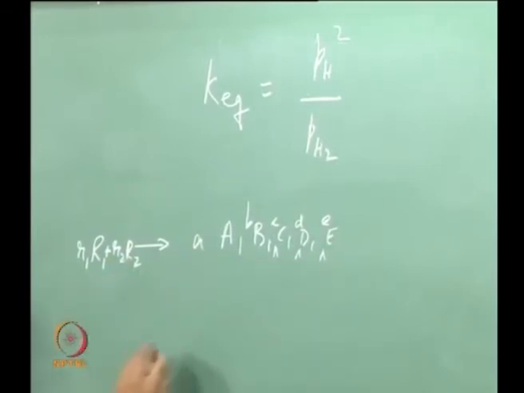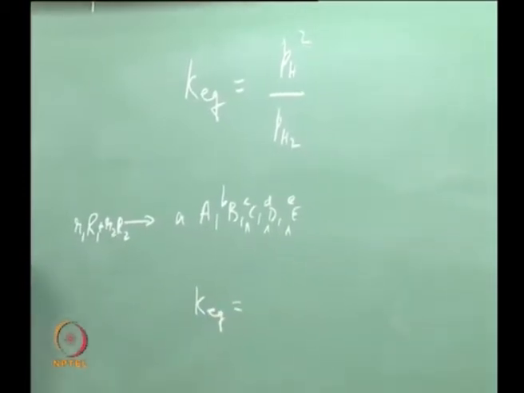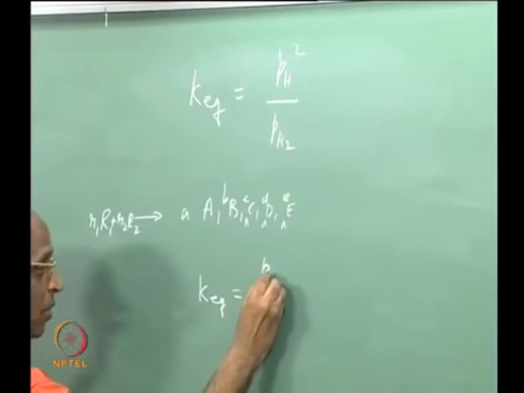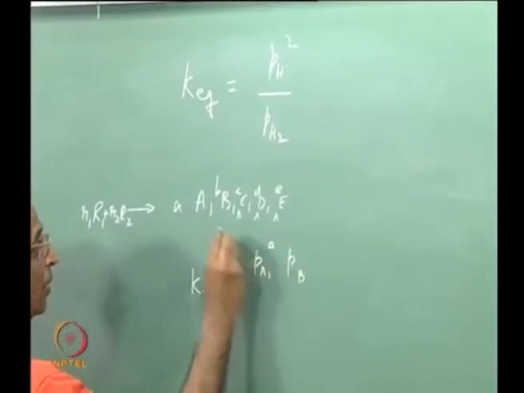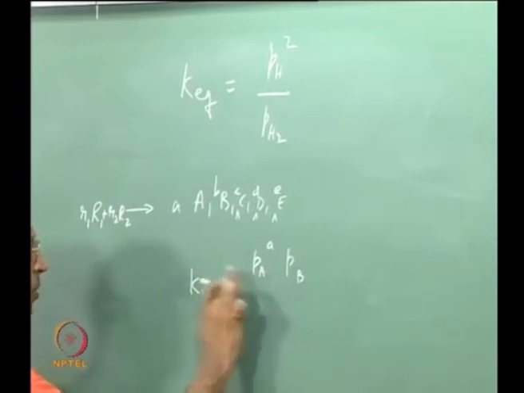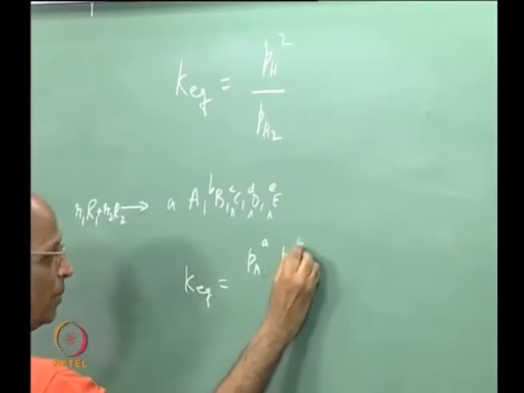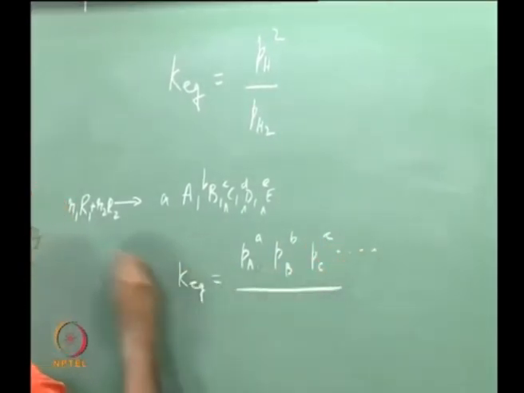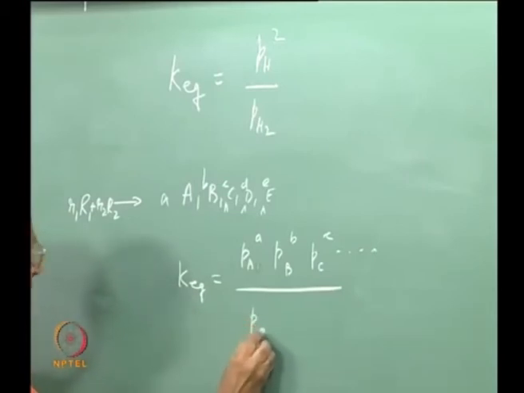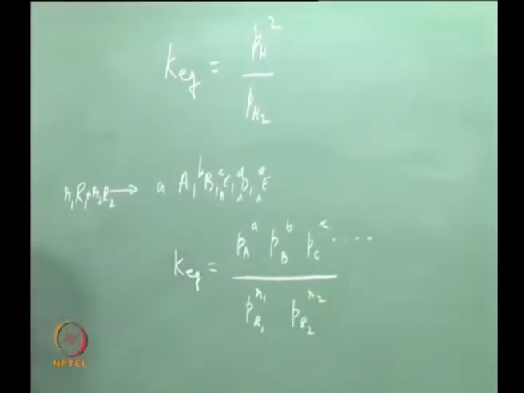The equilibrium constant of this particular reaction I can now write as equal to partial pressure of A to the power a moles, partial pressure of B to the power b, similarly partial pressure of C to the power c and so on, divided by partial pressure of reactant R1 to the power r1, partial pressure of reactant R2 to the power r2.